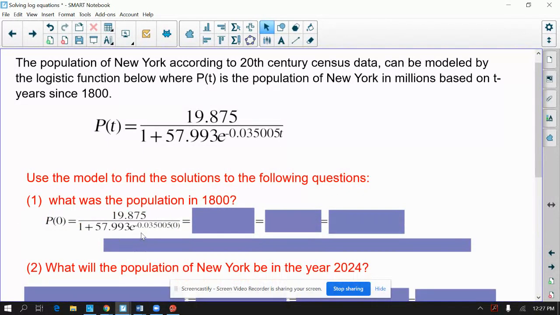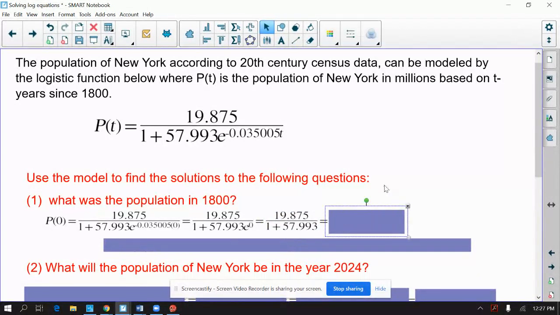Now, I don't need my calculator just yet because I know this negative 0.035005 times 0 is, of course, just 0, and e to the 0 is 1. So 1 plus 57.993 is 58.993, and I divide, and this is the first time I need my calculator, 0.337.